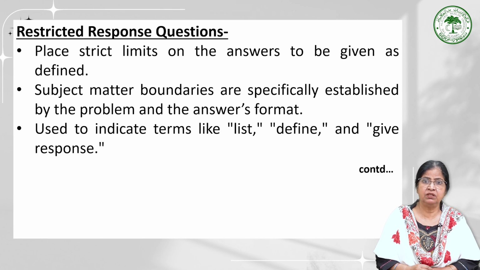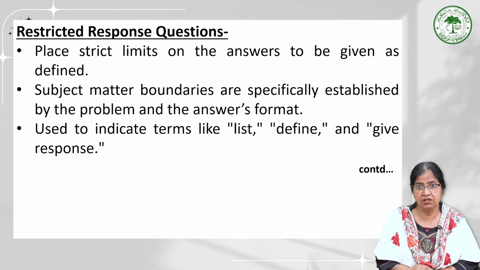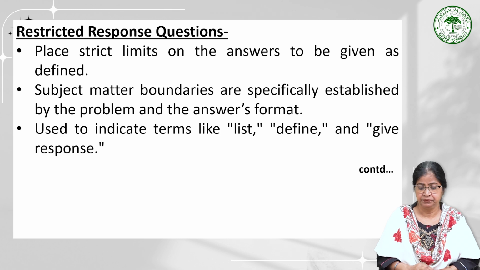So, the question should be very clear. If you want restricted words, if you want an accurate answer from the learner, the teacher or the evaluator should keep in mind that the instruction should be very clear so that the students can give the answers accordingly.